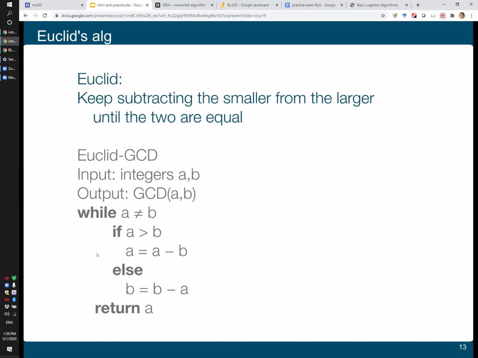But anyway, one way or another, either from this description or from this description, we can execute the algorithm for some numbers. And well, let's take two arbitrary numbers, maybe like 63 and 15. And let's try to find the greatest common divisor of these two numbers, 63 and 15.